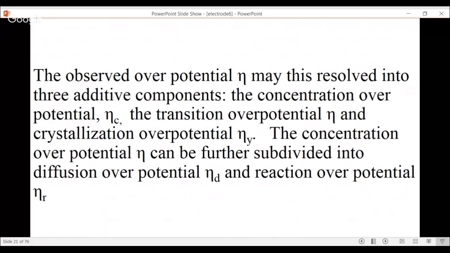Therefore, concentration polarization can be due to the electrochemical reaction and the concentration gradient between the electrode and electrolyte. The concentration overpotential can be further subdivided into diffusion overpotential and reaction overpotential.